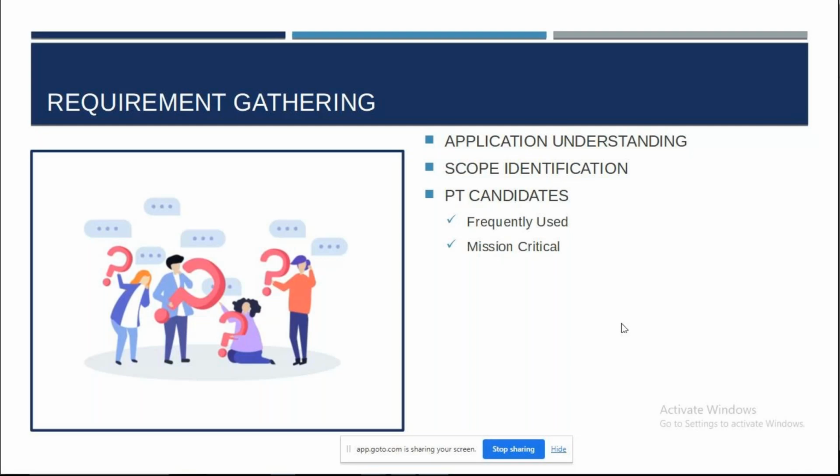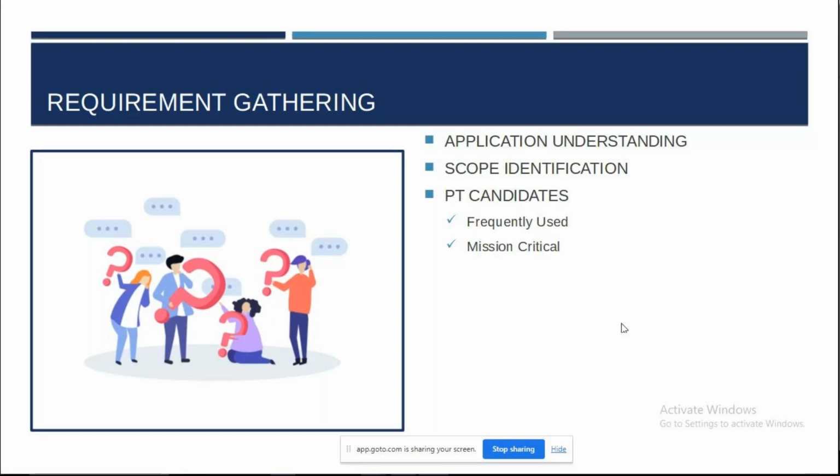You have to make the customer understand what we are going to actually target in performance testing, what our objective is. So based on this criteria, you are going to identify what should be the scope of your performance testing.